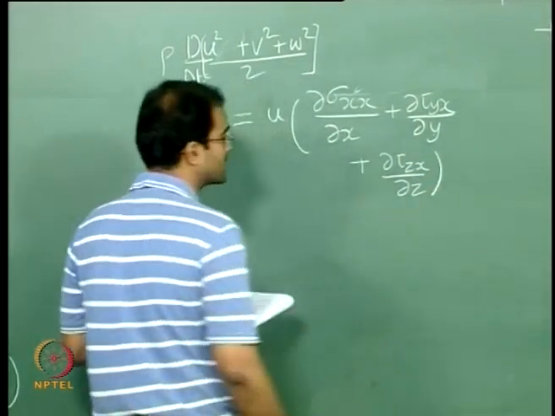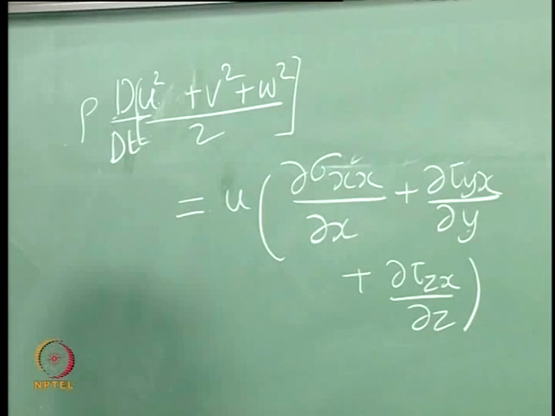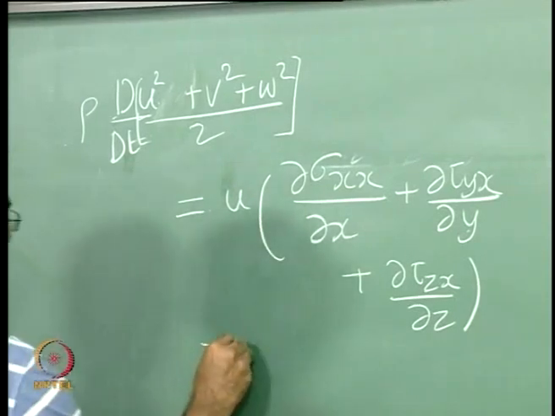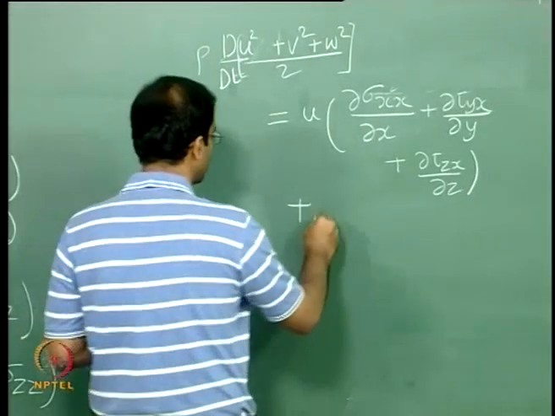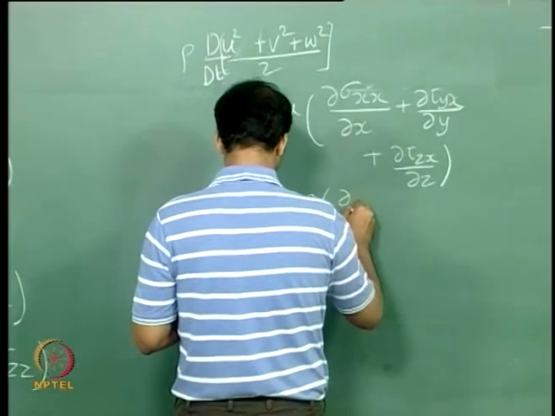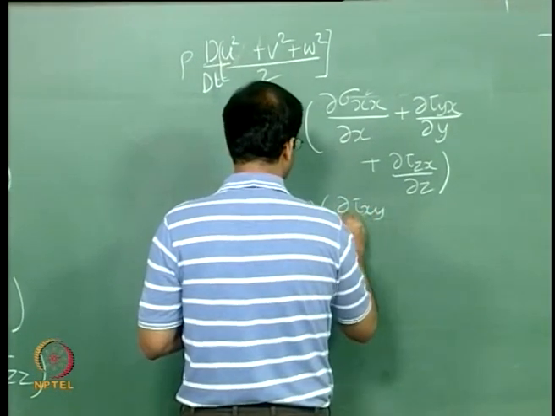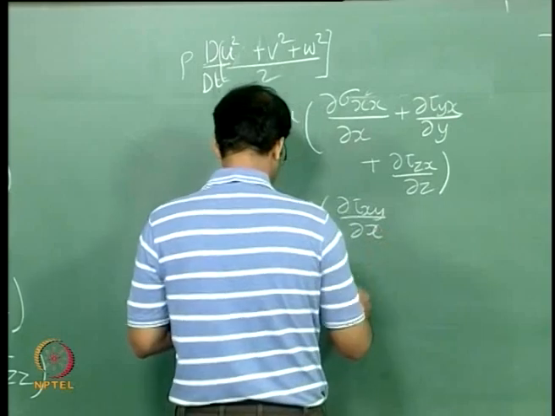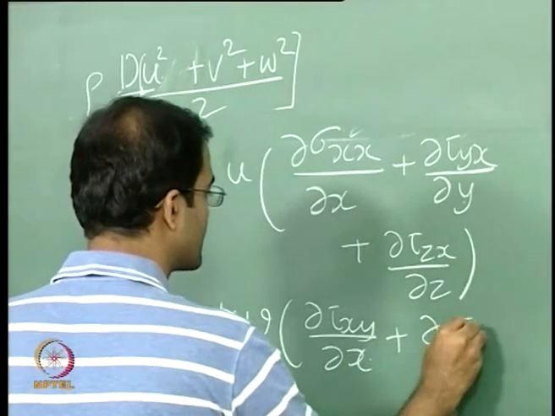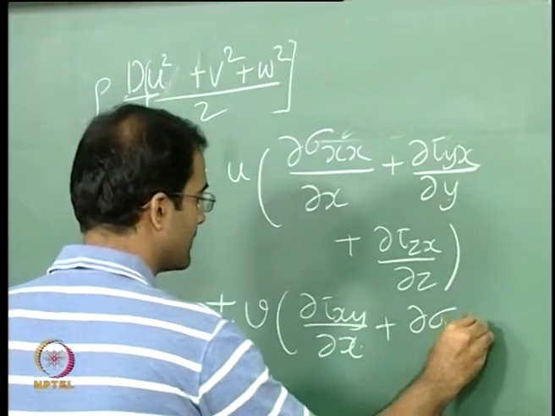So this is the x momentum which you are multiplying by u, plus the y momentum, v into d tau xy by dx plus d sigma yy by dy.